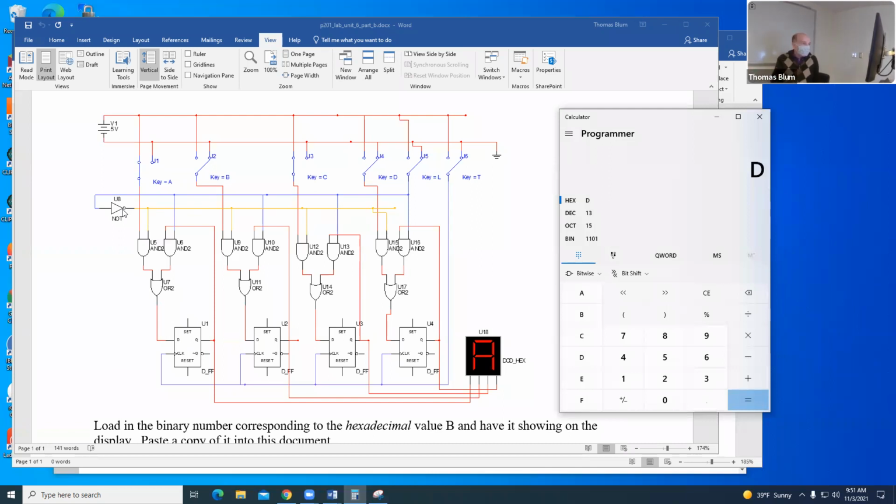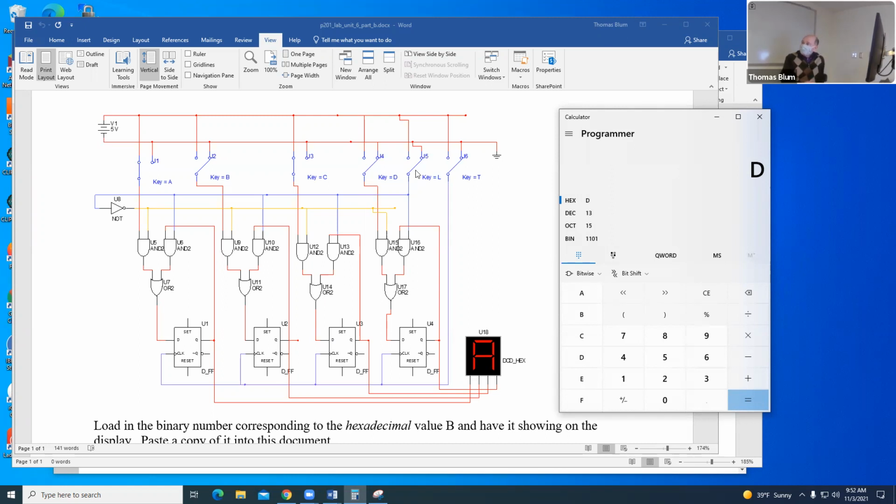If L is low, I'm loading. If L is high, I'm holding. So this determines whether I'm loading or not. When L is low, after the NOT, that gets a high, and that is the one that's choosing the switch.